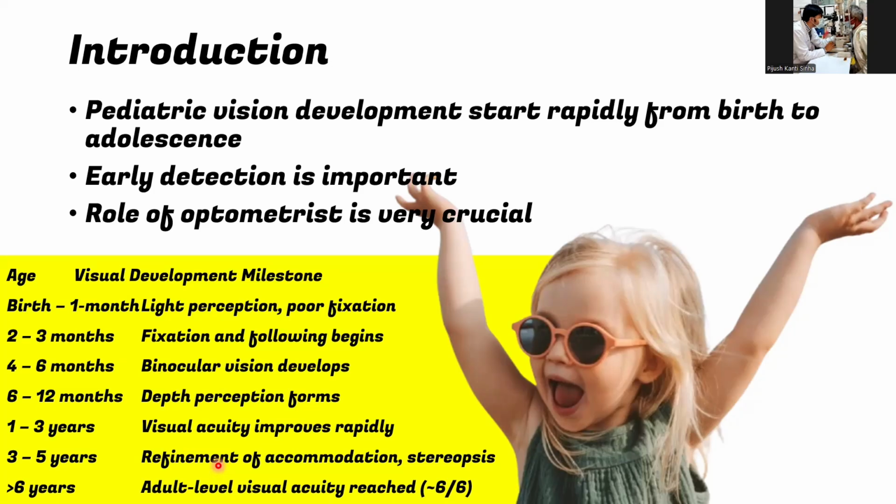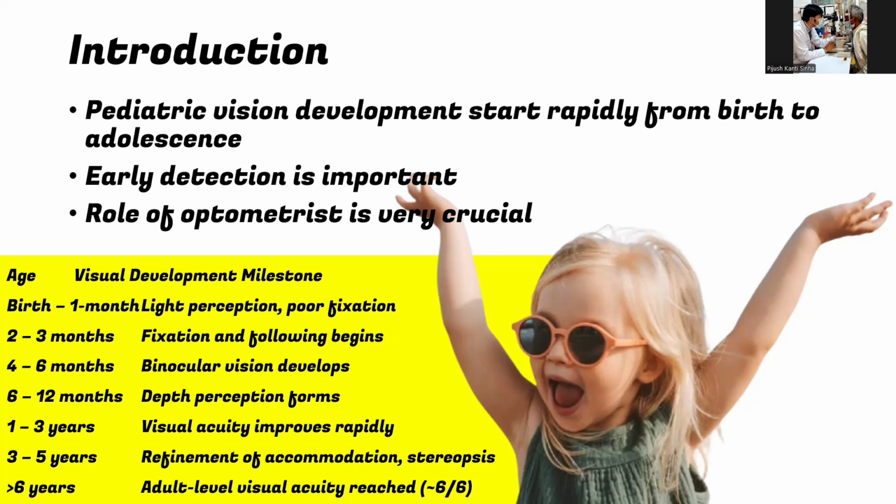Their visual skills become quite coordinated. And after 6 years, finally, around 6 years or above, vision reaches an adult-like level, roughly equivalent to 6 by 6 or 20 by 20 visual acuity, and their visual system is now fully mature like an adult.